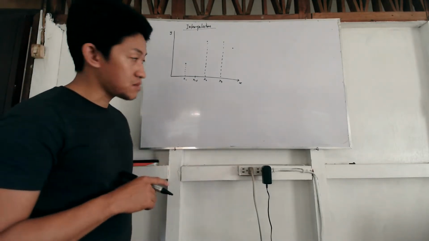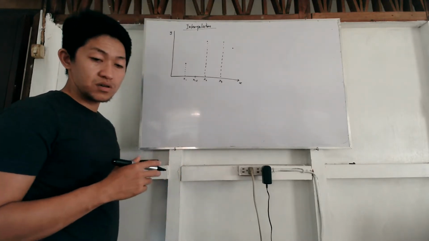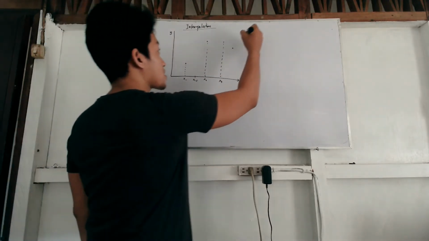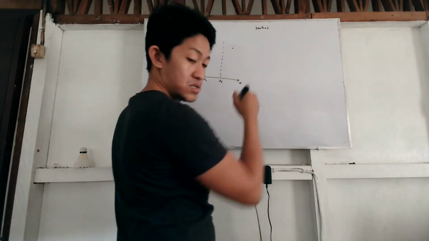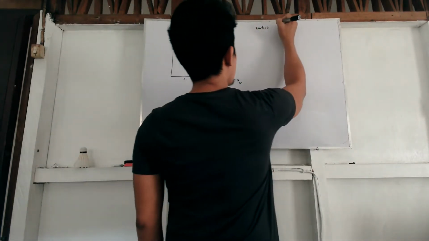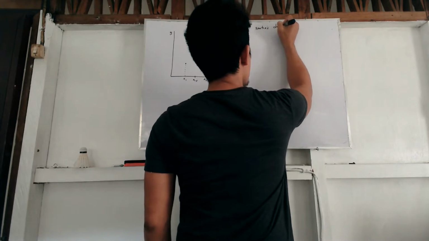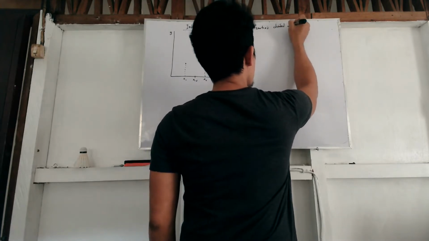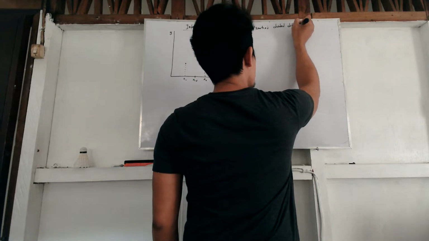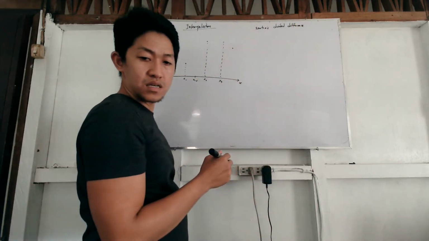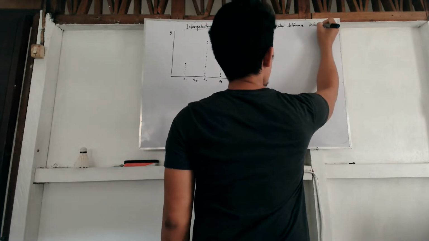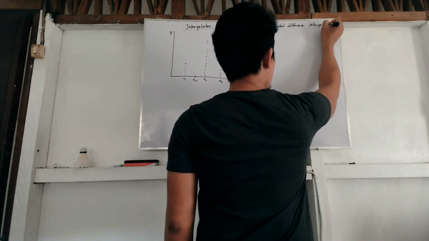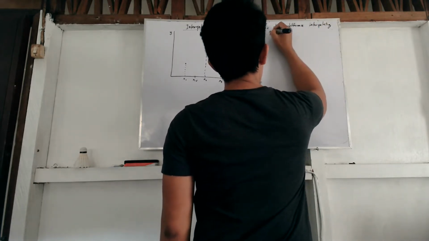different methods. So the first method that we will use to do interpolation is what we call Newton's divided difference interpolating polynomials. It has a long name. Okay?